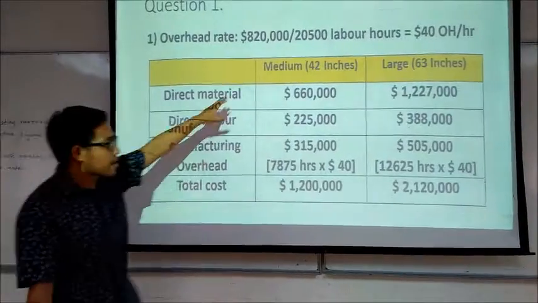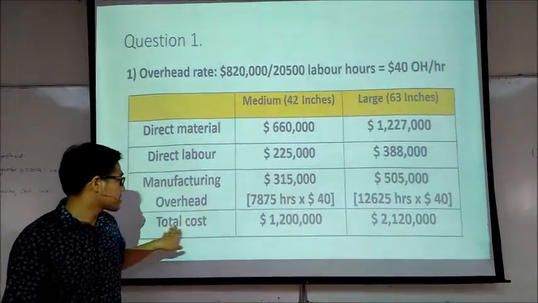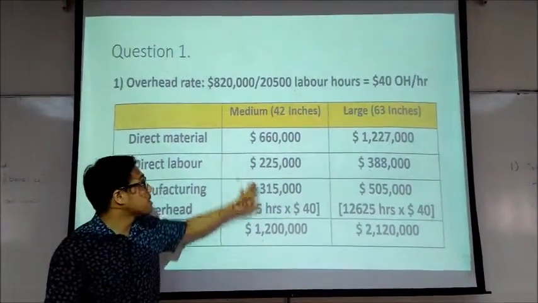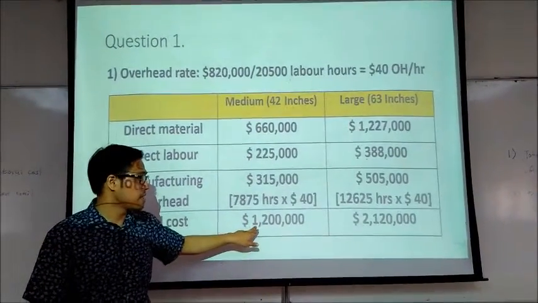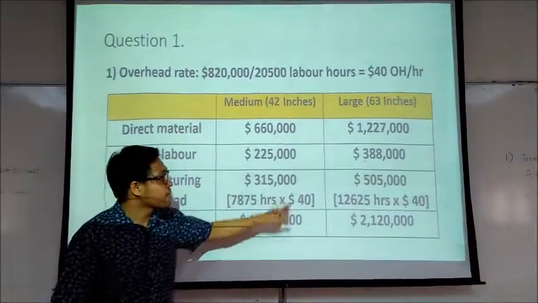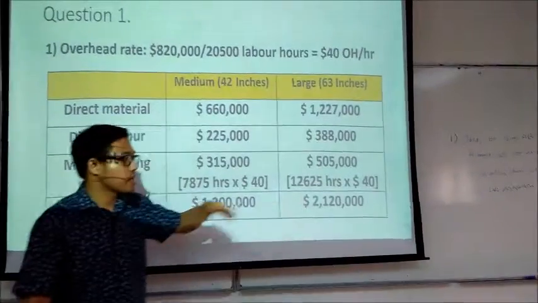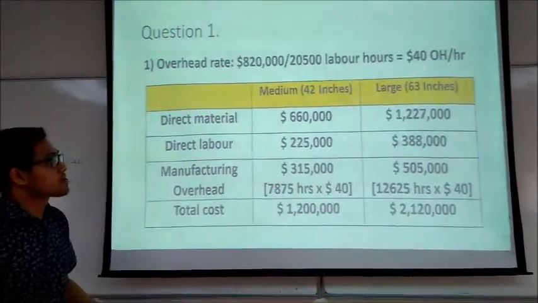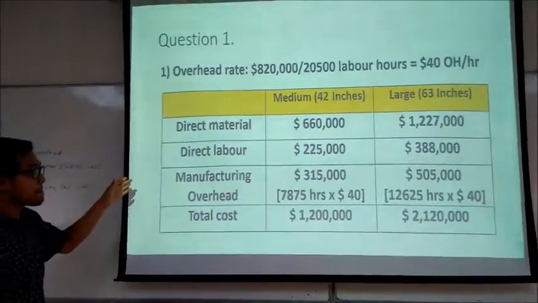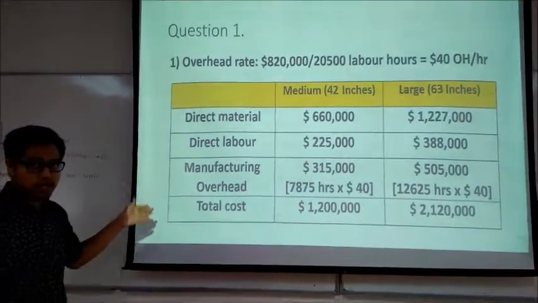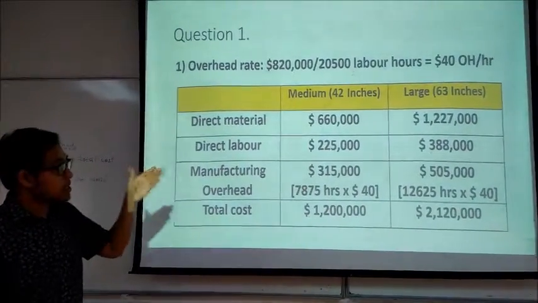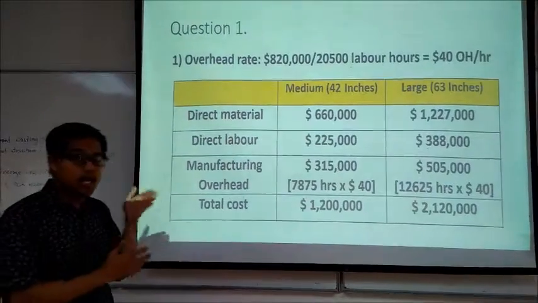After we add up everything, the total cost for the medium-sized TV is 1,200,000, and for the large TV it is $2,120,000. So going to the next one. This one is about job costing, which involves estimated manufacturing overhead and labor hours.